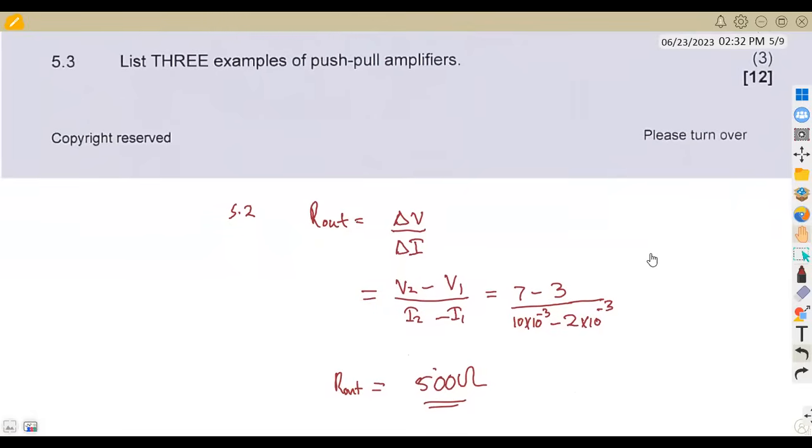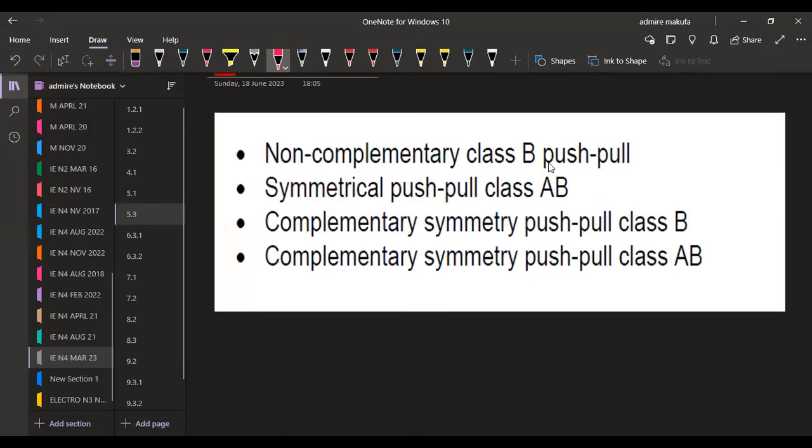5.3, list 3 examples of push-pull amplifiers. What are push-pull amplifiers? What are the examples that we have in relevance to our syllabus? Okay, so this is what we have. We've got the non-complementary class B push-pull, the symmetrical push-pull class AB, the complementary symmetrical push-pull class B, and the complementary symmetrical push-pull of class AB.